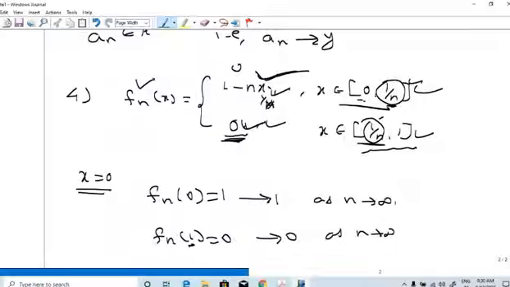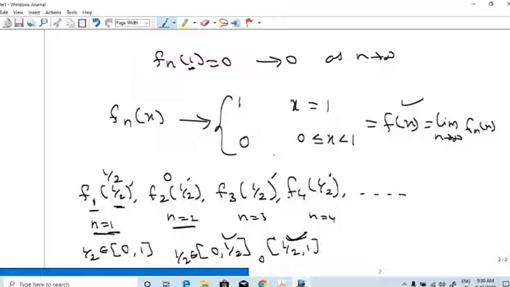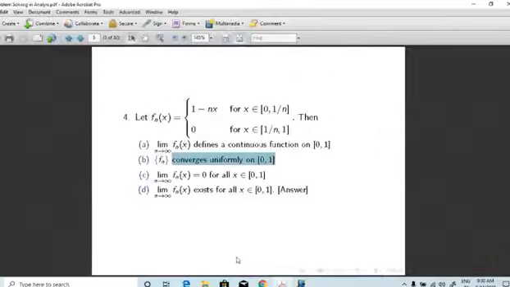Suppose fn of x converges uniformly to the limit f of x, then f of x should be continuous. But here each fn is continuous, while f of x is not continuous. So fn does not converge uniformly to f of x. Therefore, the second option is false.